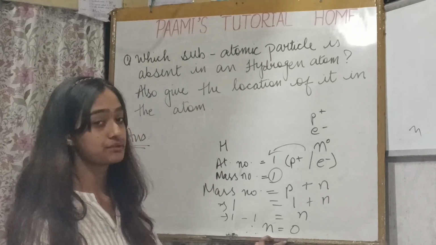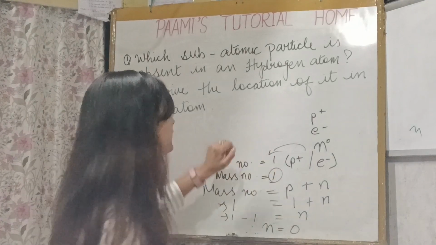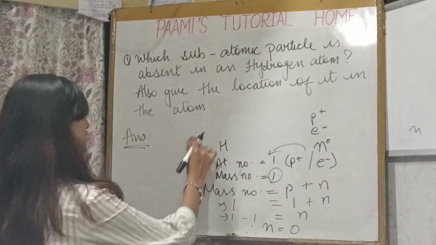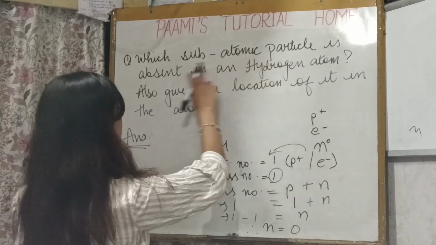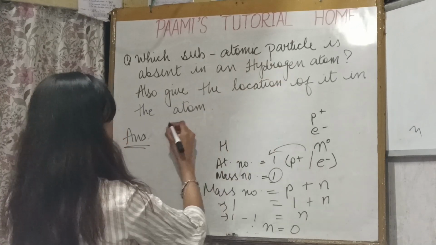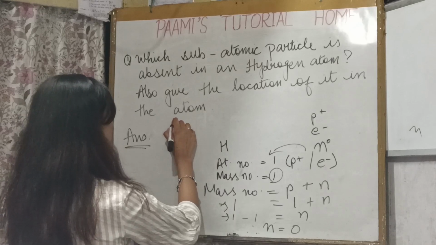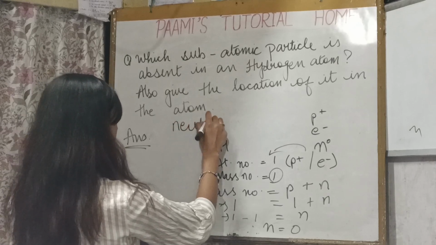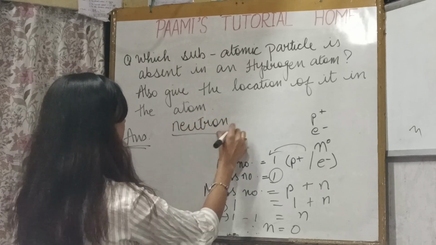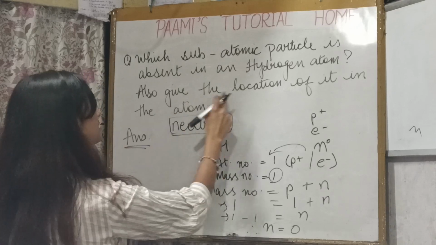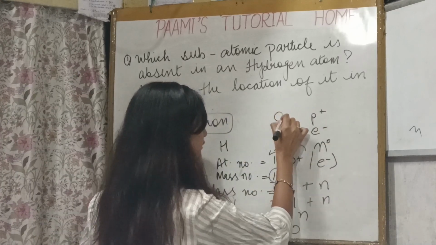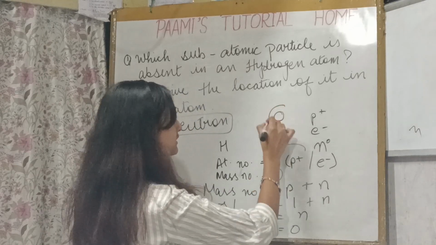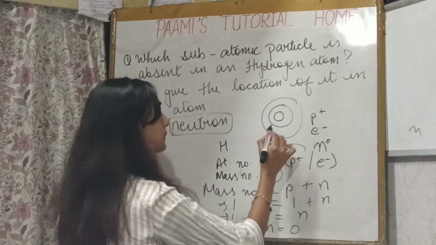So our neutron number, which we found out, is 0 in a hydrogen atom. So what does the question say? Which subatomic particle is absent in a hydrogen atom? The subatomic particle is the neutron. Okay. And also give the location of it in the atom. This is your nucleus. These are your shells.